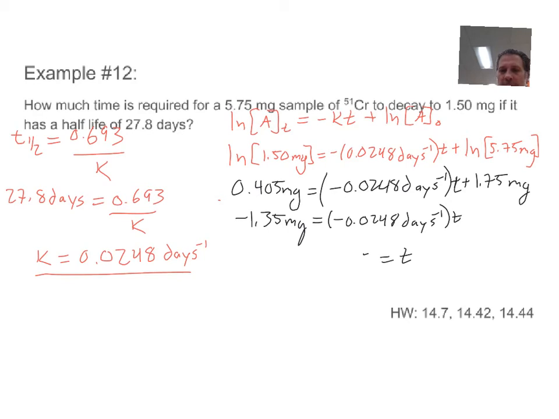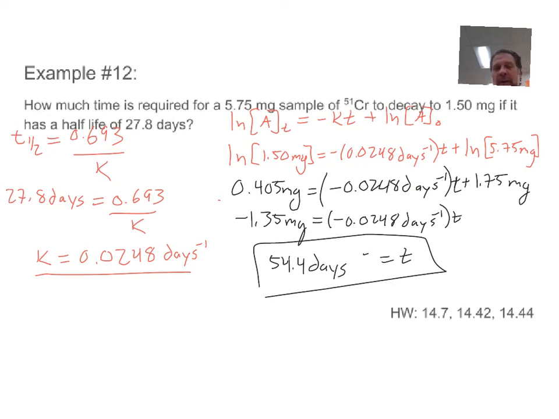And when I solve for T, I'm going to get a value of 54.4 days. So what this tells me is that it's going to take almost 54.5 days for 5.75 milligrams of chromium-51 to decay to 1.5 milligrams.